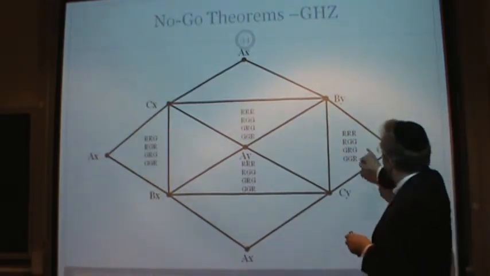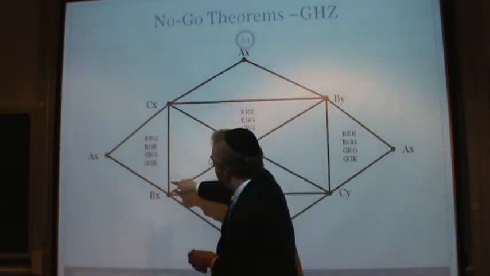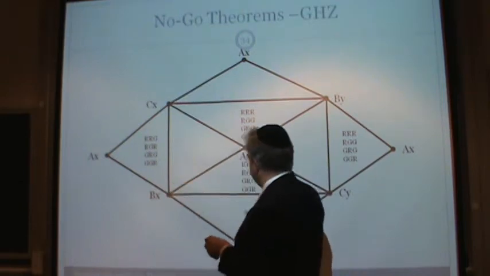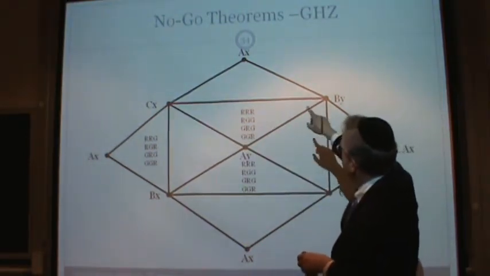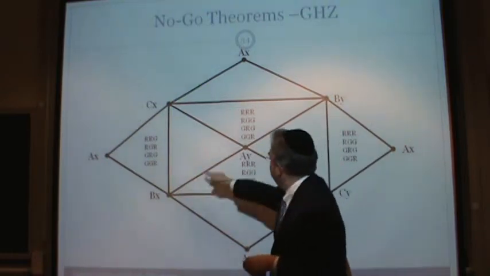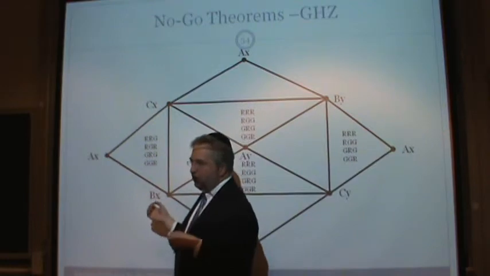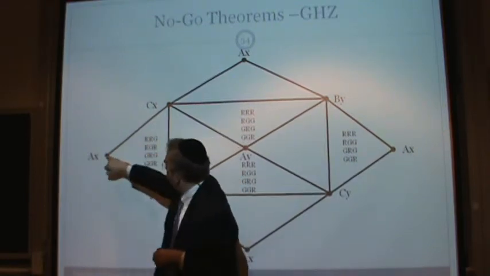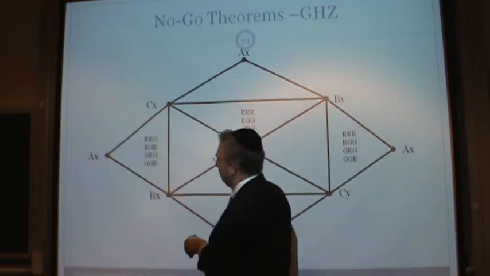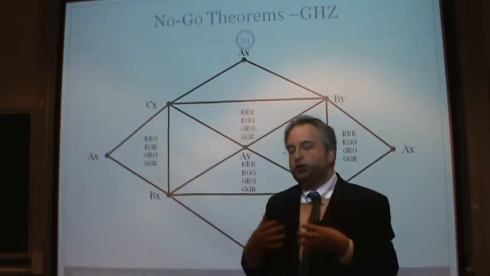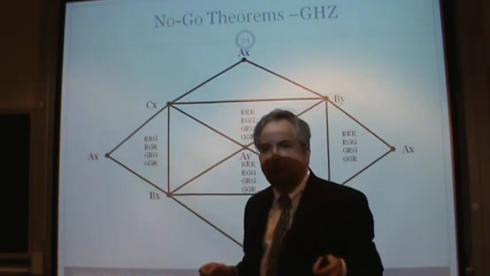Notice every single triangle has A, B, and C, with different values for A, B, and C, X, Y, and Z. These are the possible outcomes you can have for A, B, and C. A can be red, B can be red, C can be green. I'm just describing a certain quantum state of this particle that you're splitting into three different parts.